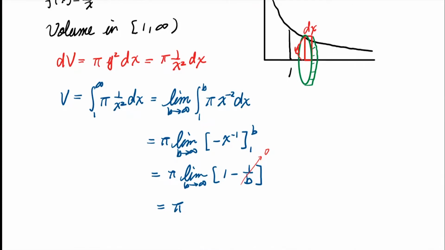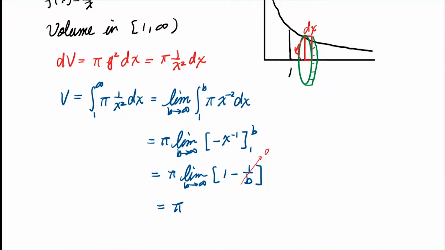Now, what just happened here? How can we rotate the infinite area and get a very small finite number? I still haven't got the answer to explain this phenomenon. Then one begs the question, what about the surface area?